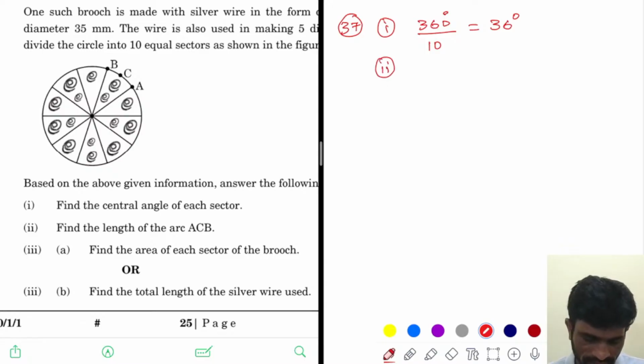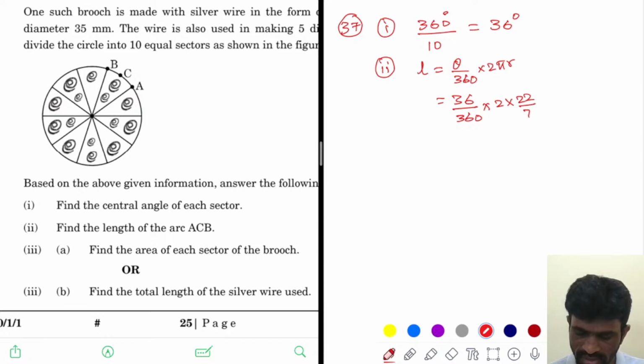Second question: find the length of arc. L is equal to theta by 360 into 2 pi r. So that is going to be 36 by 360 into 2 into 22 by 7 into r. R is how much is given? Diameter is 35, so r is 35 by 2.